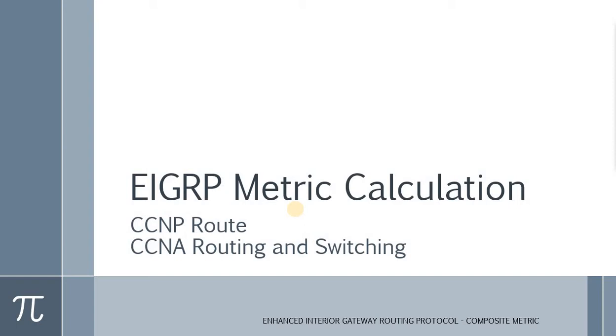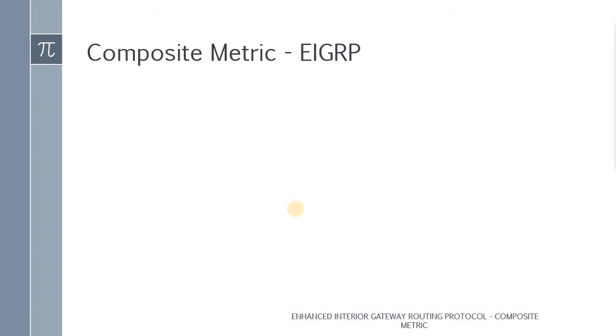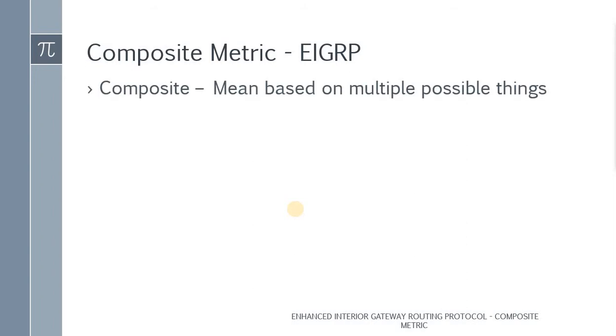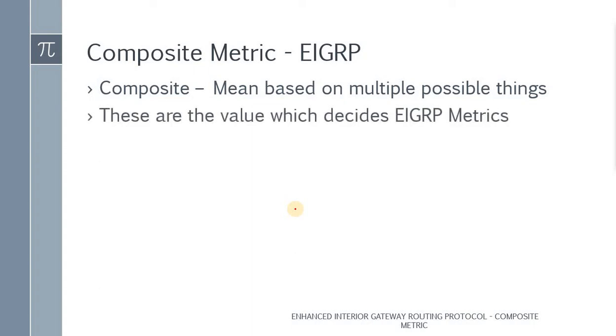In a similar situation, EIGRP uses a composite metric to select the best route. Composite means that there are multiple things considered to determine the metric. That is why it is called the composite metric for EIGRP.